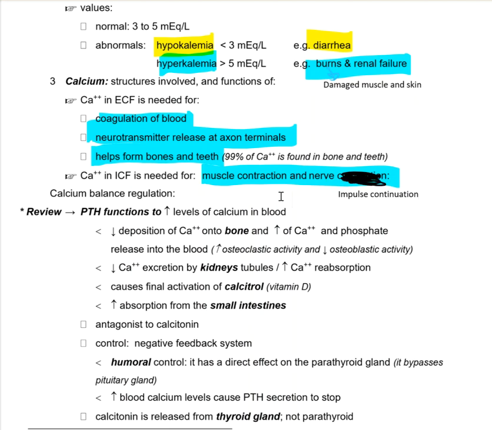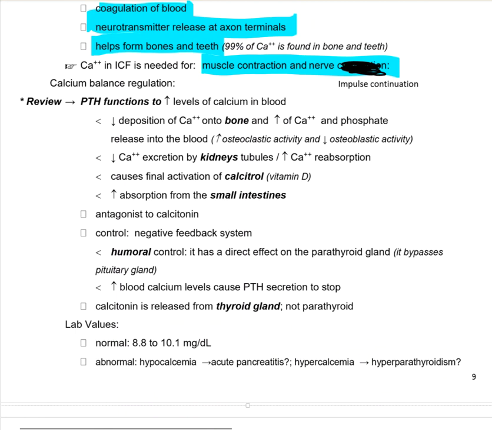So it's used in a lot of places. Neurotransmitters, muscles, our skeleton, our teeth, coagulation of blood. So it's all over the place. Now, I'm just going to say review for final what PTH does to increase levels of calcium in the blood.